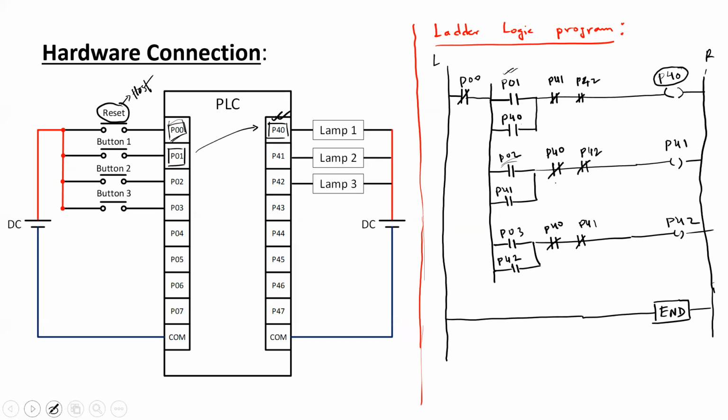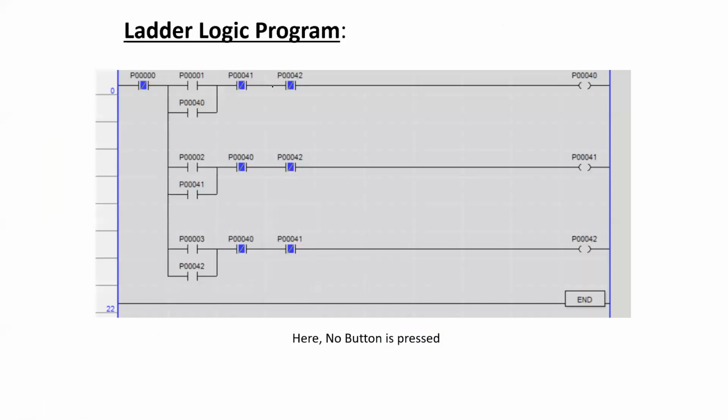Now, this same ladder logic program is shown over here, which is drawn using the software. Now we are discussing the XGB PLC series to get accustomed with the PLC board that we have in our lab.